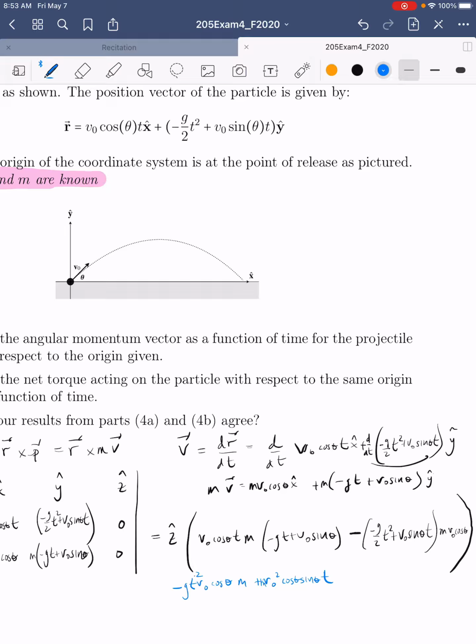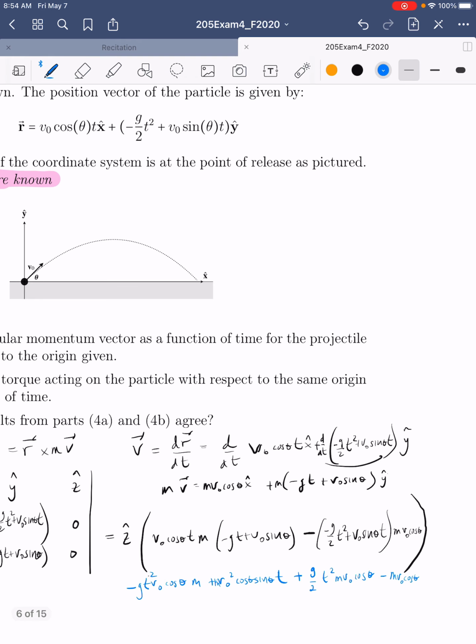Over here, I'll get a plus g over 2 t squared m v naught cos theta, a minus m v naught cos theta v naught sine theta t, so it becomes v naught squared sine theta t. And that's all in the z hat.